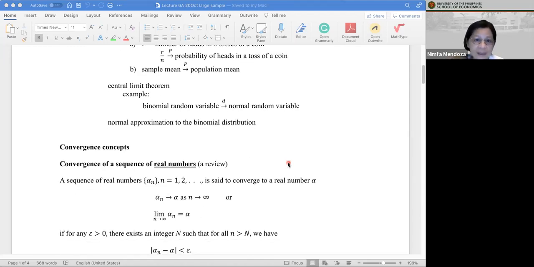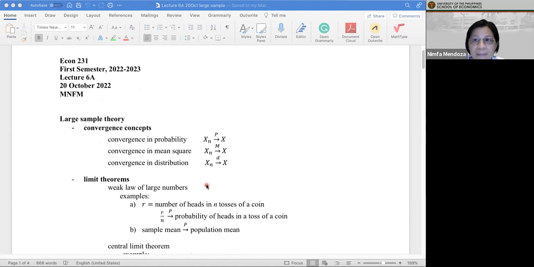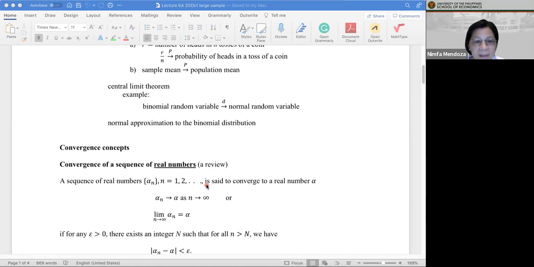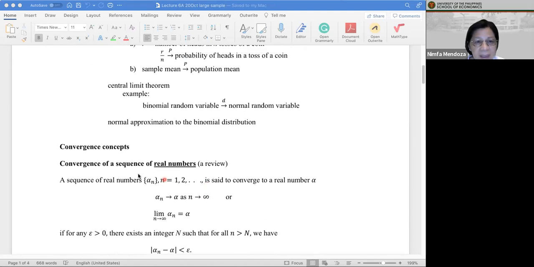So let us go over these convergence concepts. Let's first take the concept of convergence of a sequence of real numbers. So this is what you would have had in your math classes, the convergence of a sequence of real numbers.